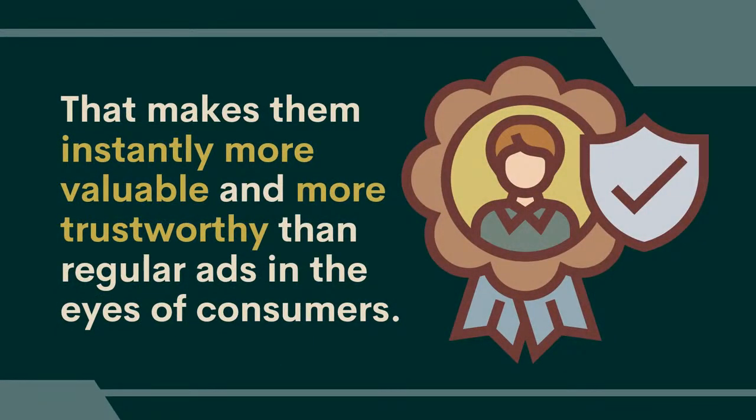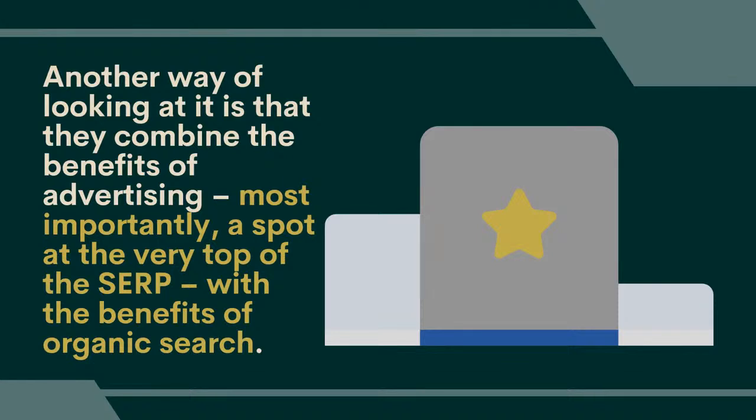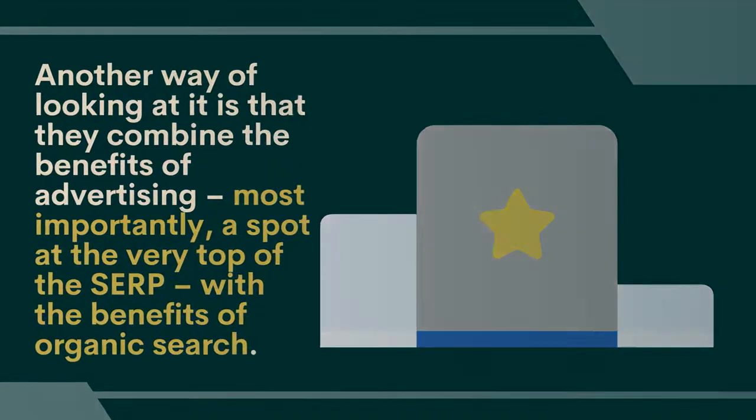That makes them instantly more valuable and more trustworthy than regular ads in the eyes of consumers. Another way of looking at it is that they combine the benefits of advertising, most importantly the spot at the very top of the SERP, with the benefits of organic search.